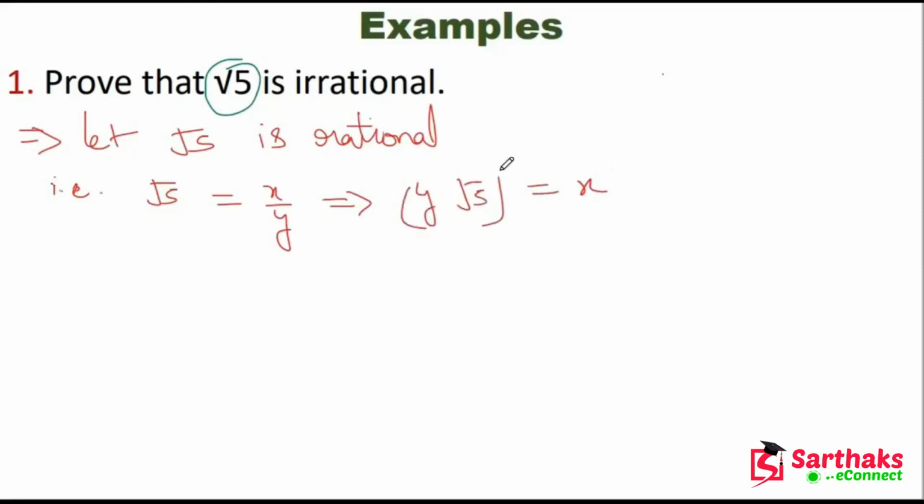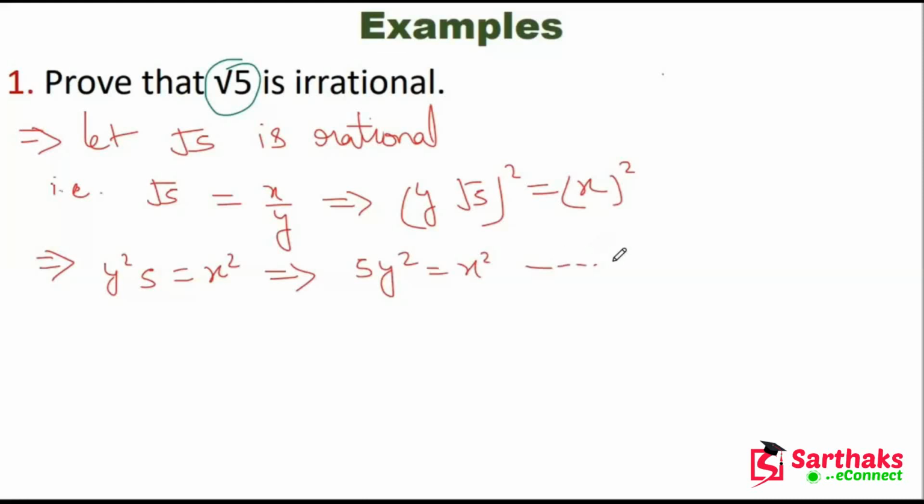Now squaring both sides, it will become y square times 5 is equal to x square, or we can write it as 5y square is equal to x square. This is our equation number 1.